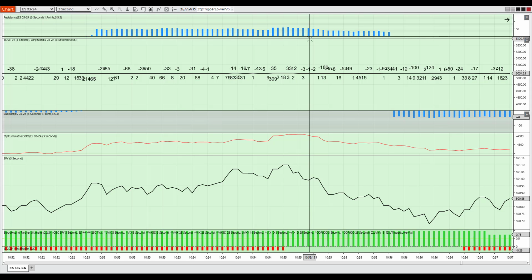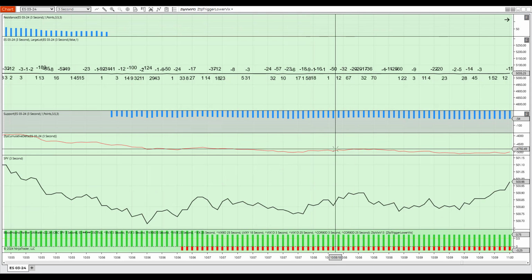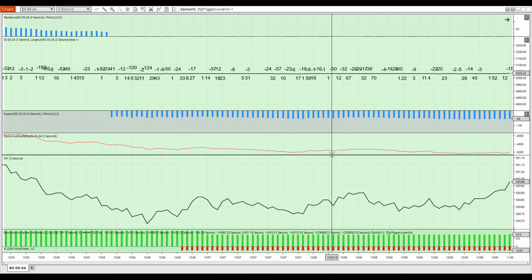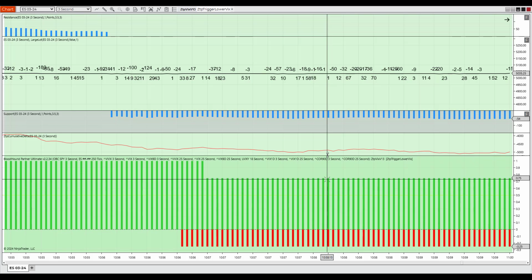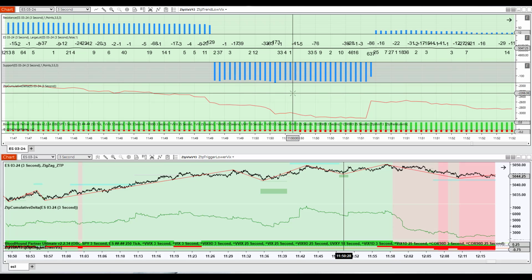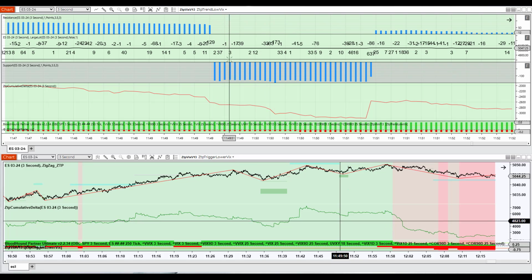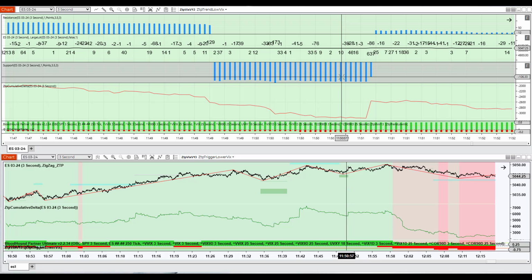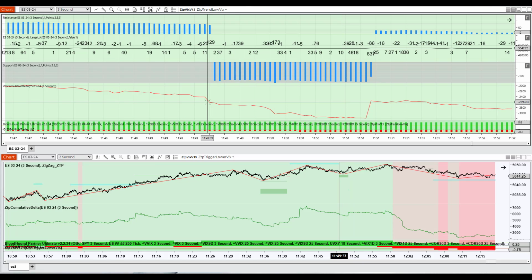KP2 resistance. Now, the next thing I'm going to do to this chart is get the SPY out of the way, because I don't think the SPY is necessary. So this top chart here now has what I have adjusted. I have the ZTP trend low VIX on the Bloodhound chart.